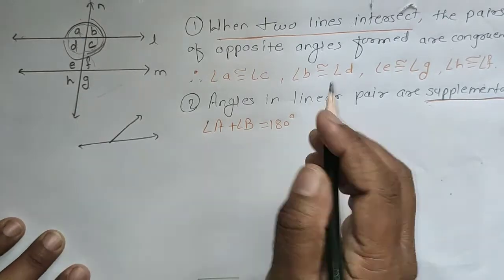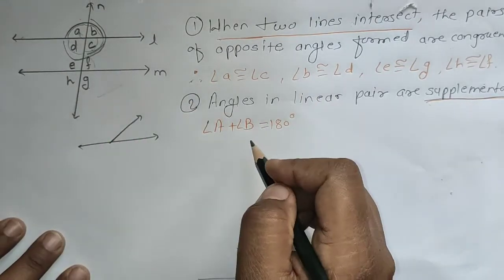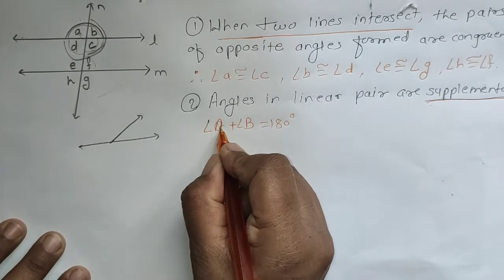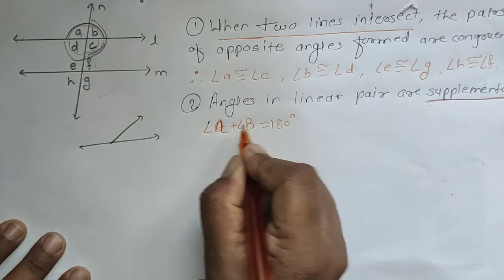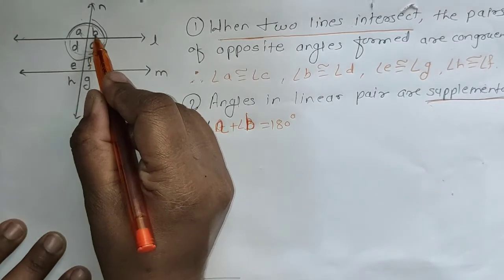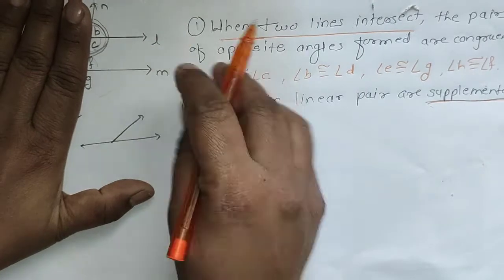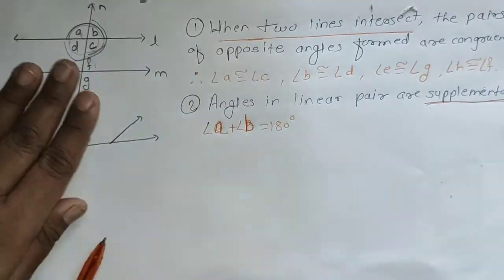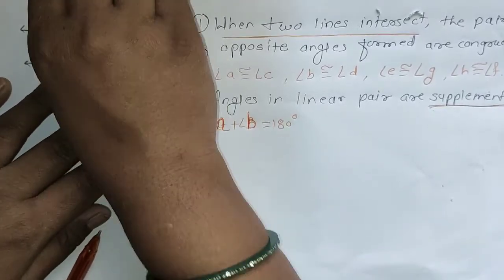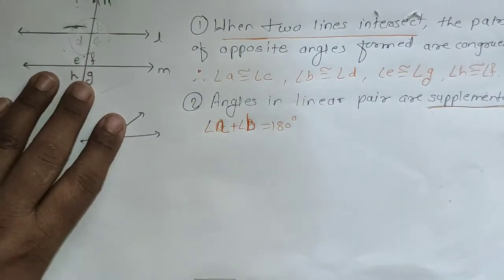So first we write angle A plus angle B is equal to 180. Then B plus C: if you hide this part, you will notice that B and C are also in a linear pair.